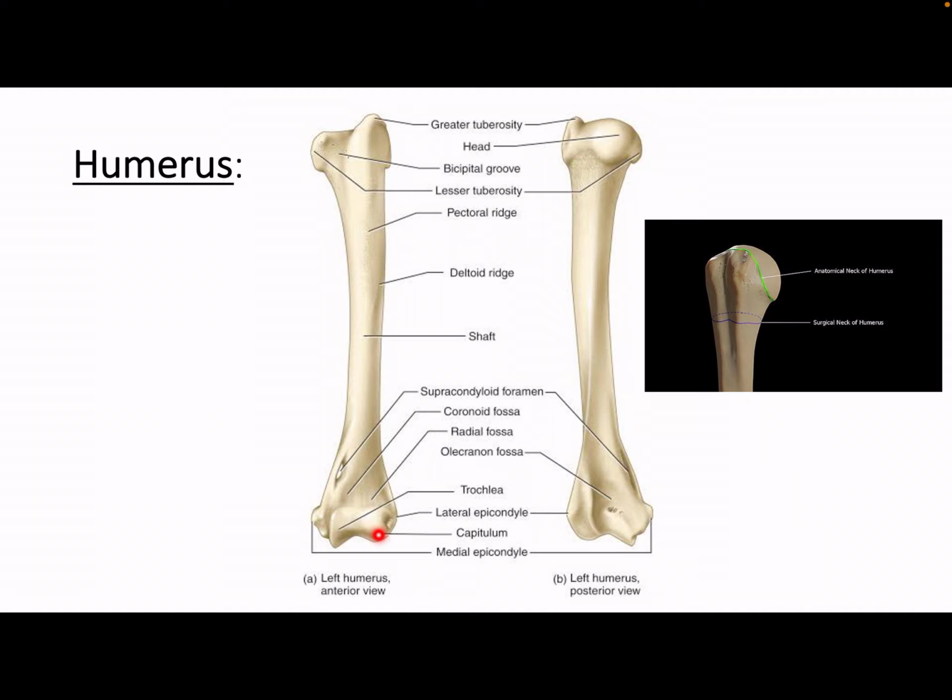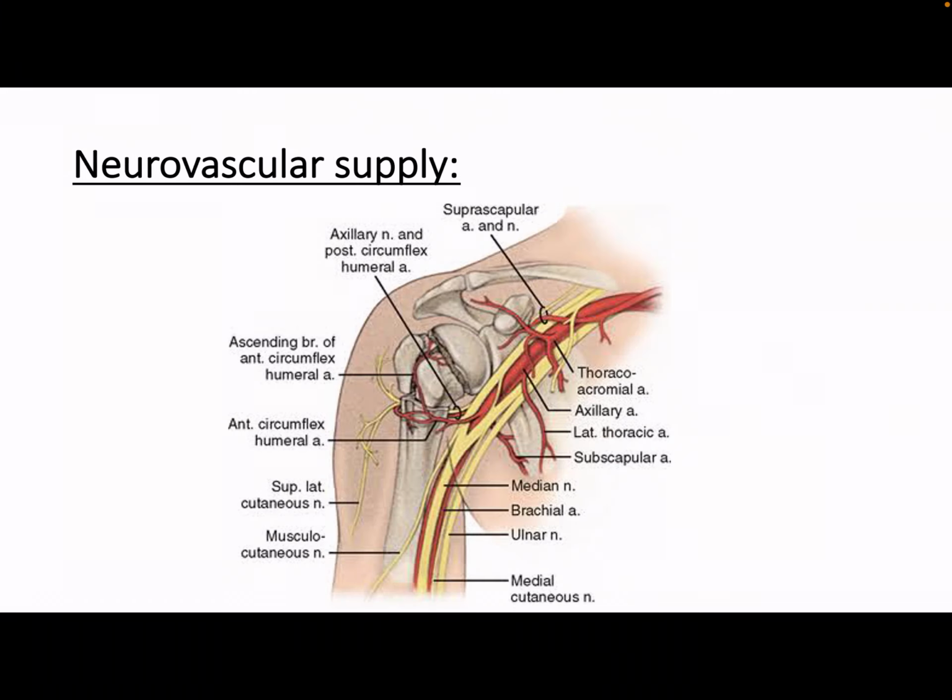These are the very important major structures on the humerus, so do remember them, because I'll be discussing the proximal humerus. You should know which structures are present in this part: the anatomical neck, the surgical neck, the greater tuberosity and the lesser tuberosity.